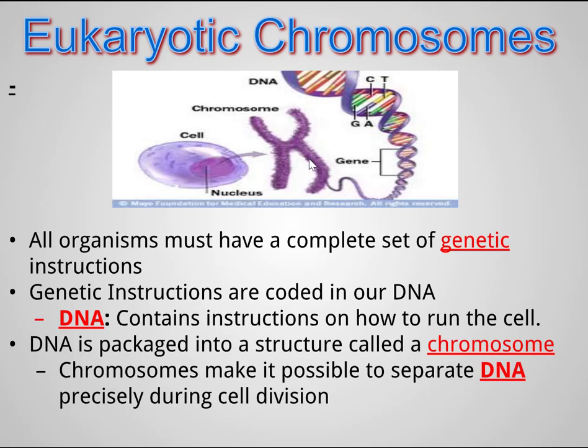So think about if I had a ball of yarn and I untangled it all and I had string everywhere. It's going to be really hard to separate that DNA because I have this big stringy mess. But if I take that yarn and I ball it up and then I just cut that ball in half, well, it's going to be easier for me to now have two separate things. So it's making it easier to split during cell division.